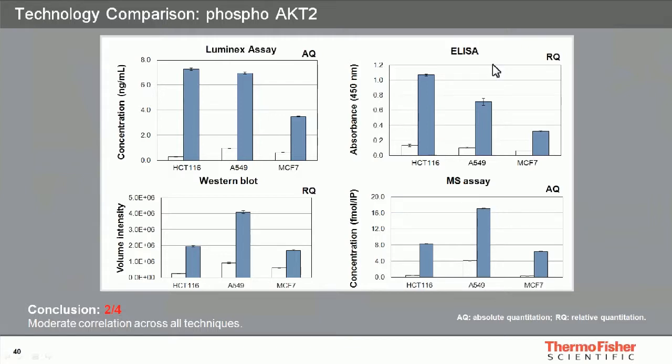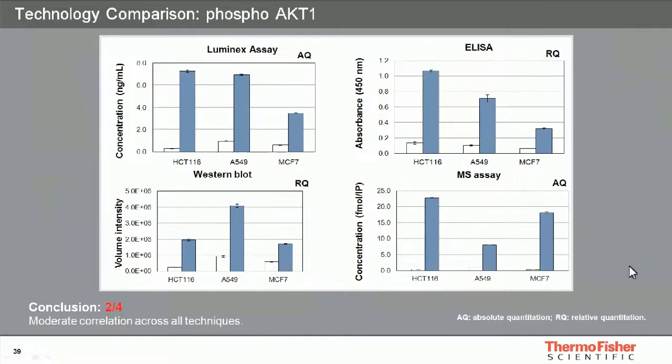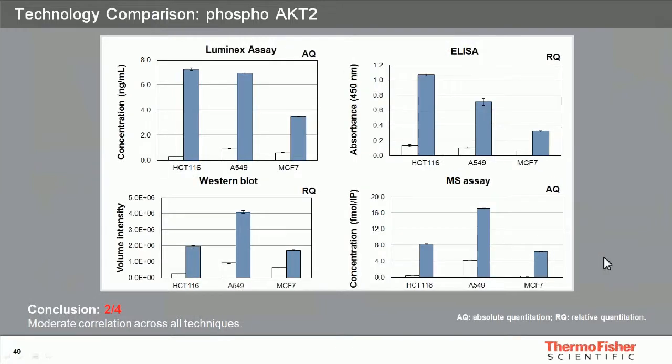Luminex and ELISA correlate very well, whereas Western blot and mass spec assays look very similar here. But in the previous slide, we saw somewhat different results. Again, each technique is using different antibodies, and with a lot of antibodies on a Western blot, you may be seeing the total AKT and not the AKT1 and AKT2 distinction, whereas the mass spec assay can give you absolute quantitation of each isoform of AKT.